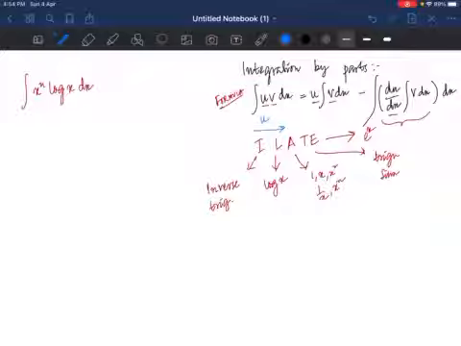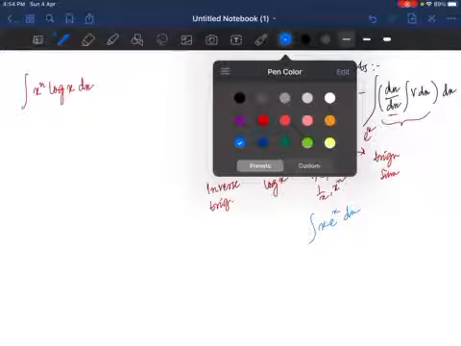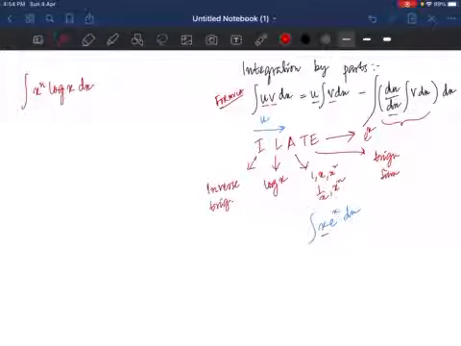The letters on the left hand side will be given more priority. Suppose I have a function with algebraic x and e to the power x, and we have to integrate this. Here x is an algebraic function, and A comes before E, so my u will be x and e to the power x will become v.